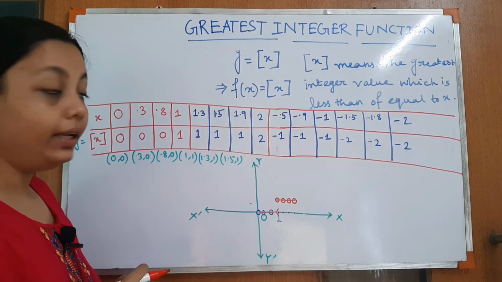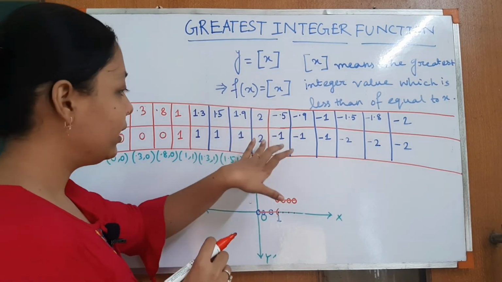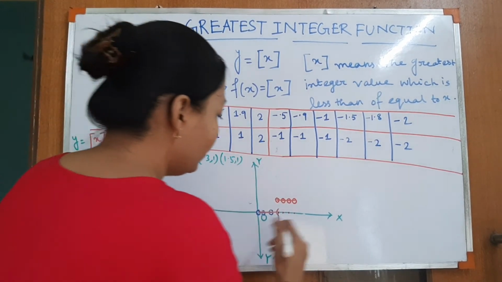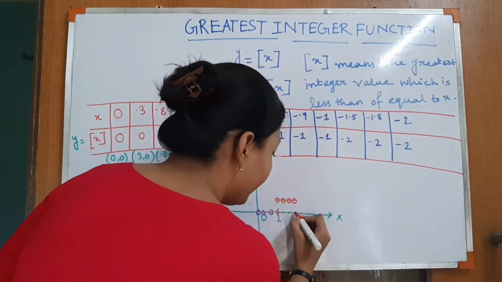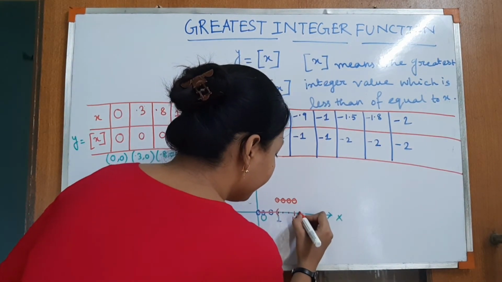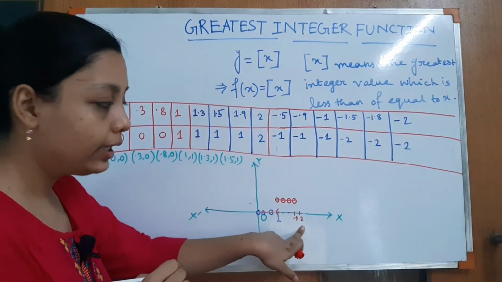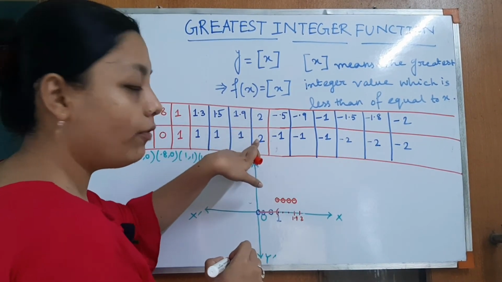So this is another line, but if we take this point 2, then we get 2. So this is 1.9 and we take this point 2. Okay. If we take 2, then we get the value of y is 2.